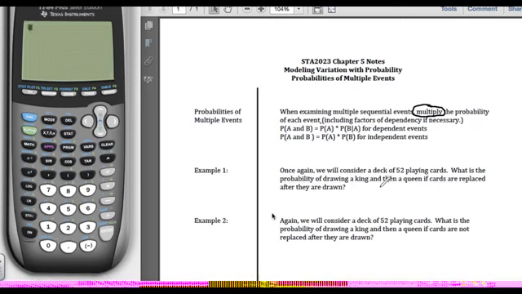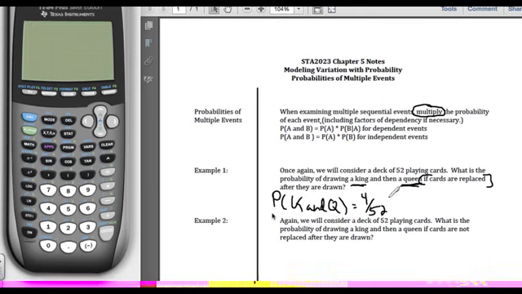We want to know what is the probability of drawing a king and then a queen if the cards are replaced after they're drawn. So I want the probability of a king and then a queen. The probability of a king would be 4 out of 52 times, for the second event, for the queen, since I put that king back in the deck, there are still 52 cards in the deck, and there are still 4 queens.